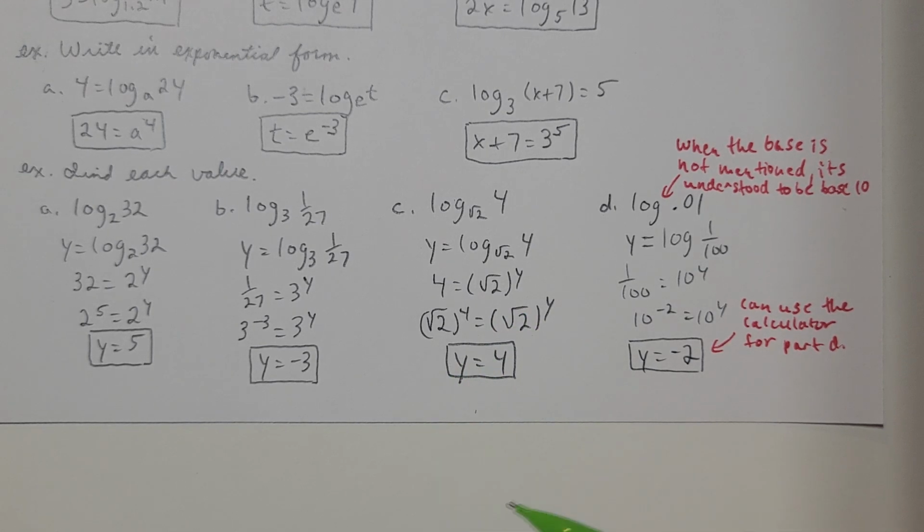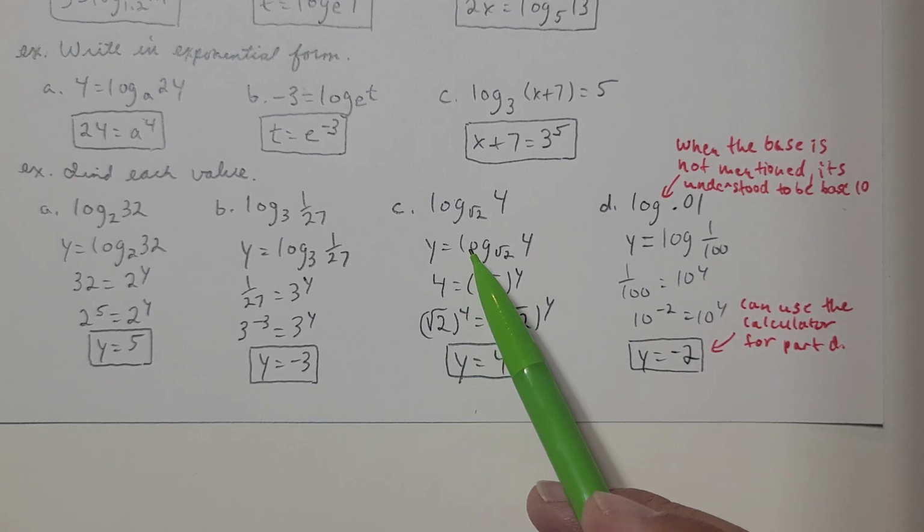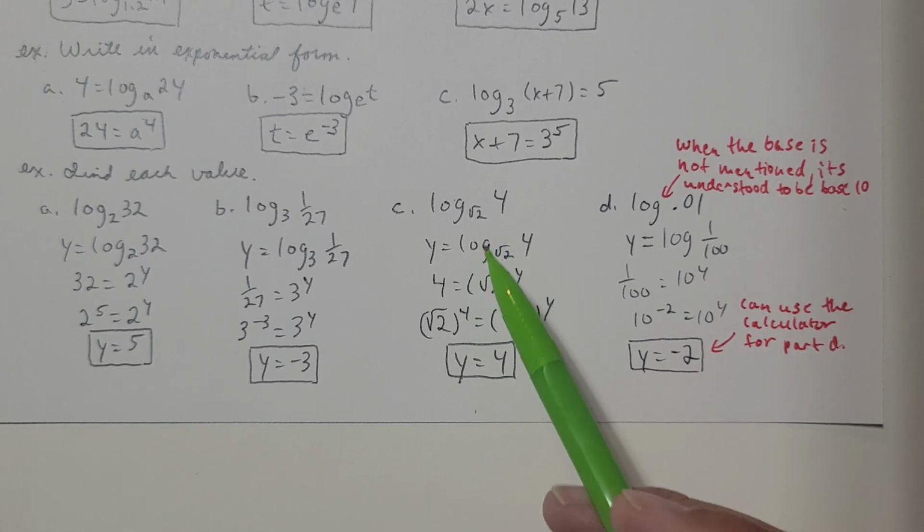I know that root 2 squared is 2, and if I square 2 again, I get 4. So root 2 to the 4th power is 4. So root 2 to the 4th power equals root 2 to the y power. Get rid of the root 2's and set the powers equal. Looks like y is 4. So log base root 2 of 4 is 4.